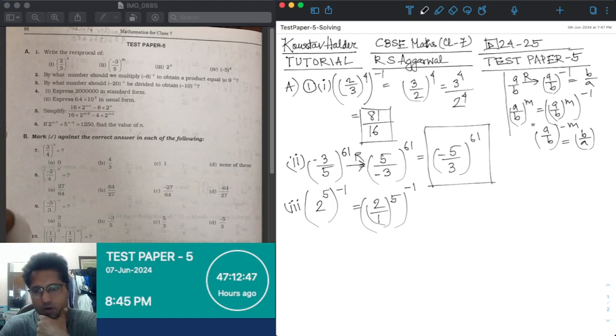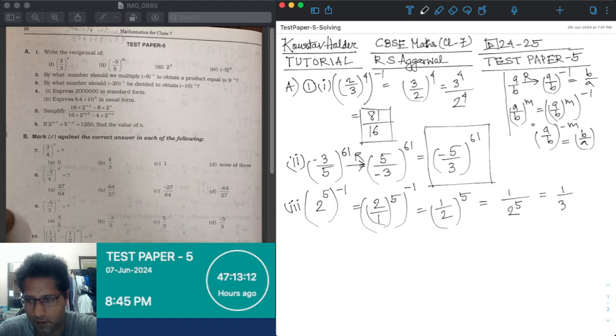The reciprocal of the exponential a by b to the power m is nothing but b by a raised to the power m. So this will be 1 by 2 raised to the power 5, and this is 1 by 32. So 1 by 32 is the answer.